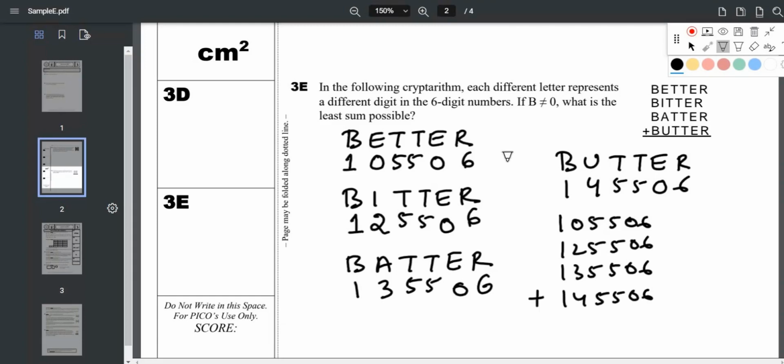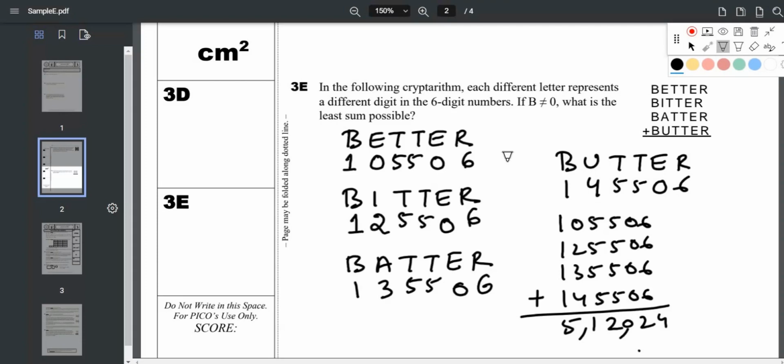And when we add them, definitely we are going to get the least sum, and the sum is 512024, or you can write it as 5,12,024.